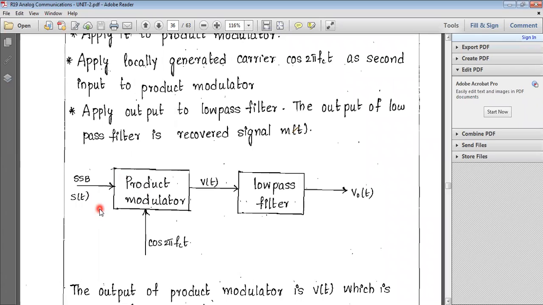The first block is the product modulator. For that product modulator, we apply the SSB modulated wave. Our aim is demodulation of SSB wave. So first note down the block diagram. It consists of a product modulator and a low pass filter.